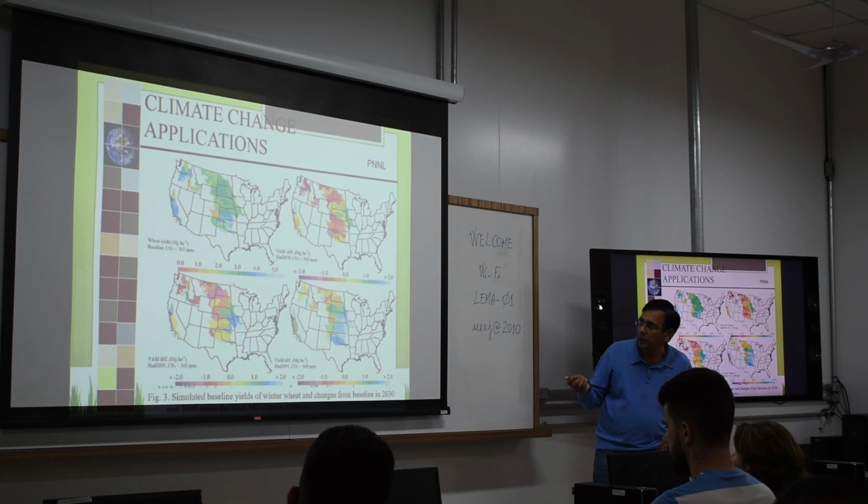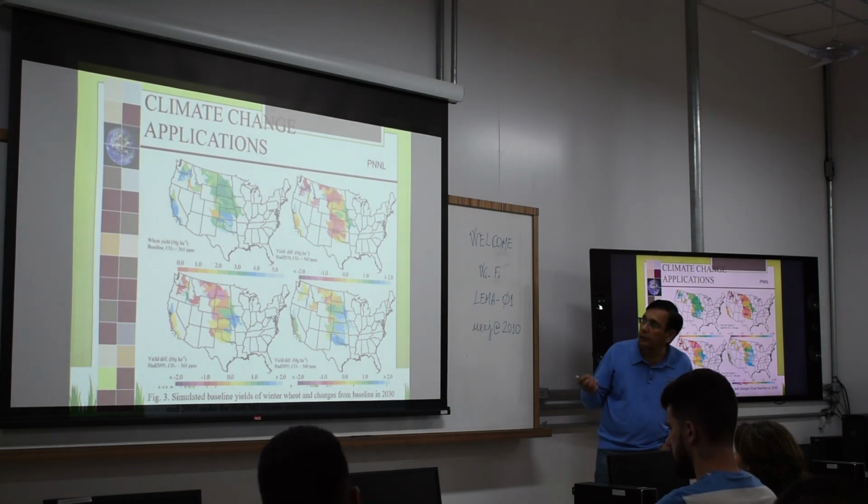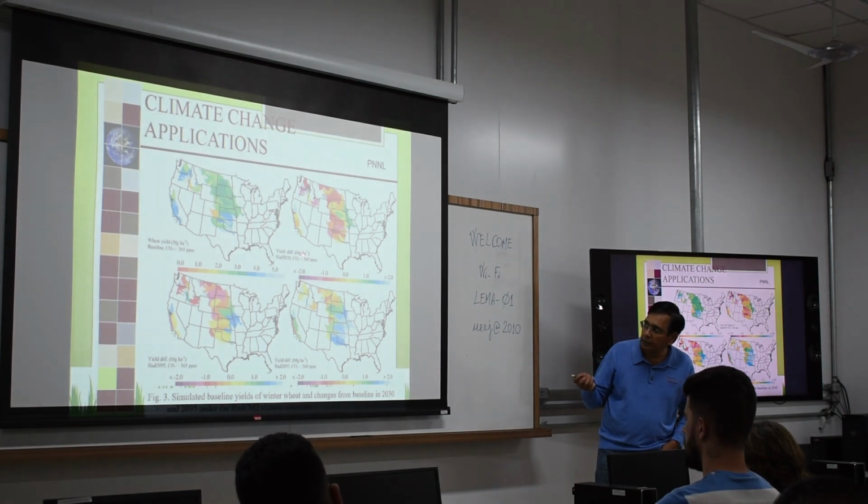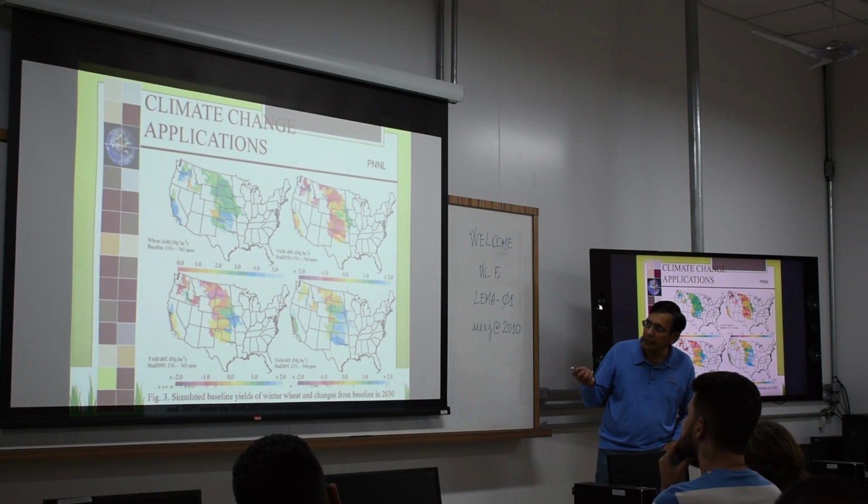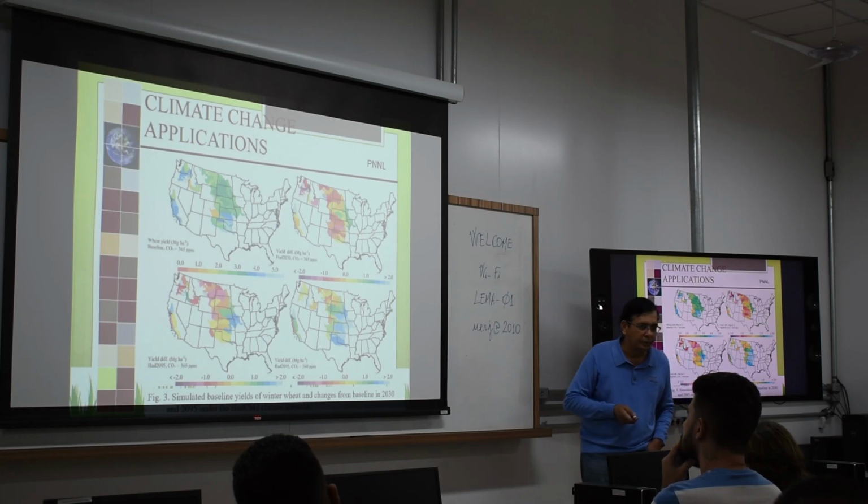If it is positive, it's going to be in blue. You can see under 2030 at the same carbon dioxide level, most of them are going to be negative on the western side and positive on the eastern side. This is for wheat.